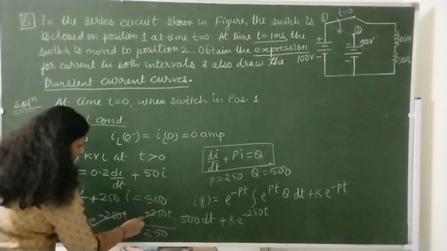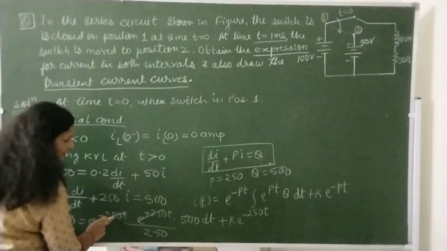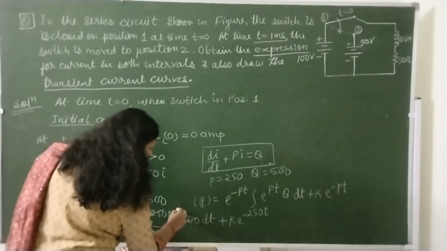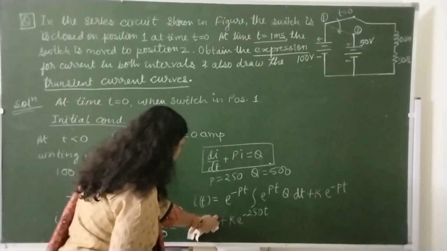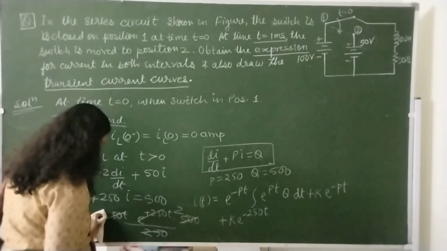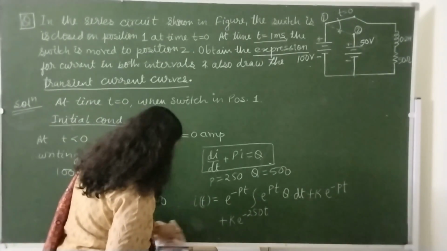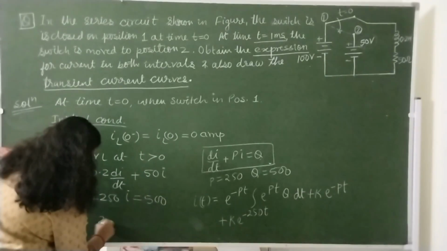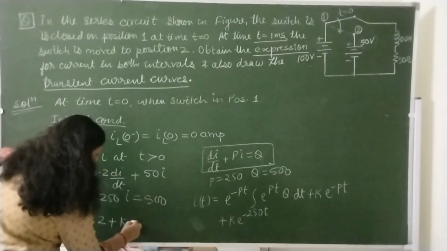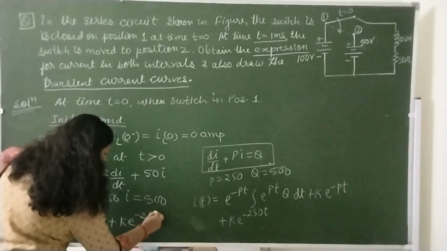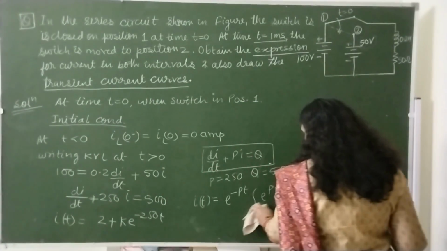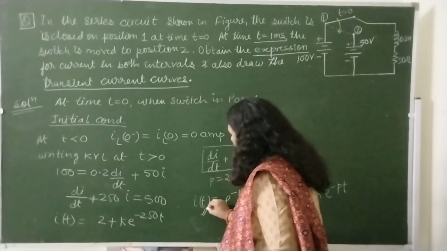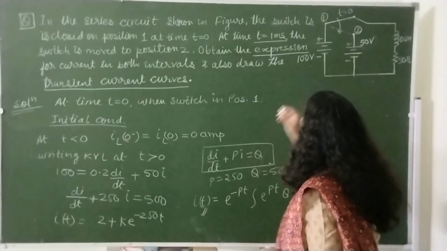So this is cancelled and this will become 1. So 500 divided by 250 is 2, and you can remove the integration sign from here. So this is equal to 2 plus k e to the power minus 250t, which is our solution or our transient current when our switch is at position 1.